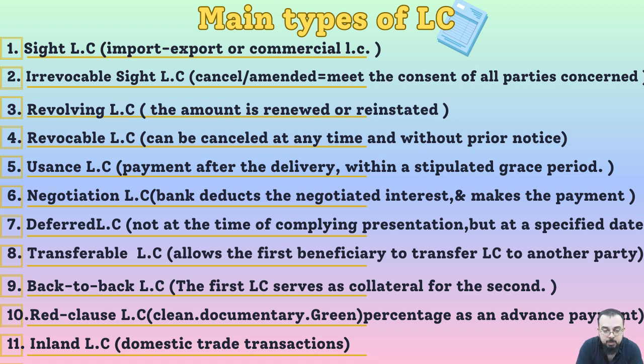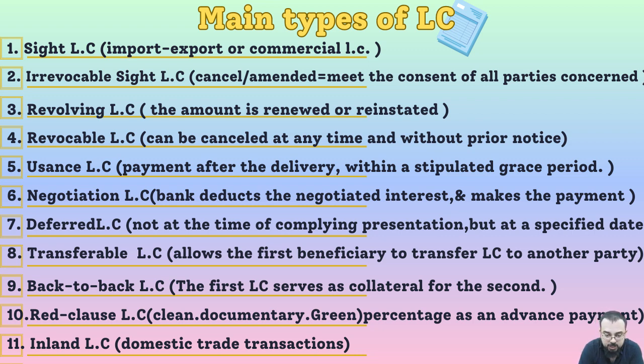A deferred payment letter of credit, also known as a usance letter of credit, is a commercial letter of credit that provides that the beneficiary will be paid not at the time the beneficiary makes a complying presentation, but at a later specified maturity date. This is different.